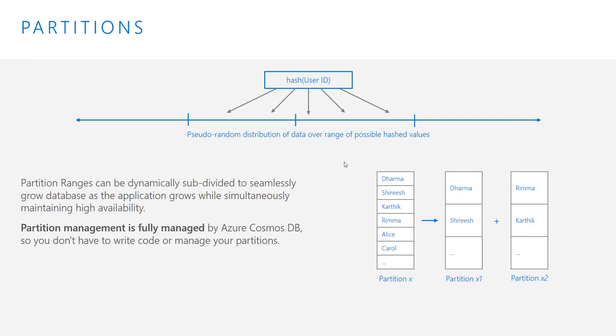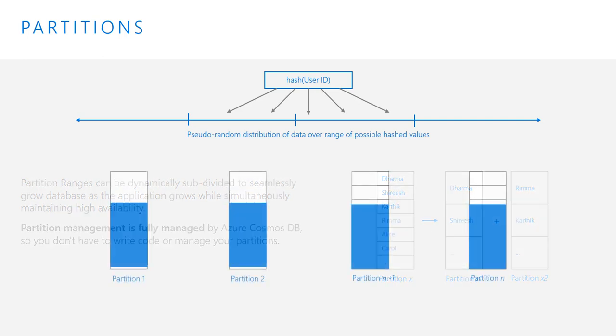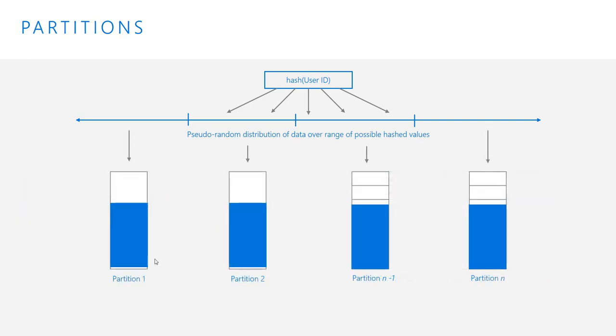And the key here is these partitions, you can see them on your portal, and you have to make sure that your partitions fill like this, that all your partitions are filled in equal amount. There shouldn't be one partition filled too much and one partition not filled enough, because that is the sign of having a bad partition key.